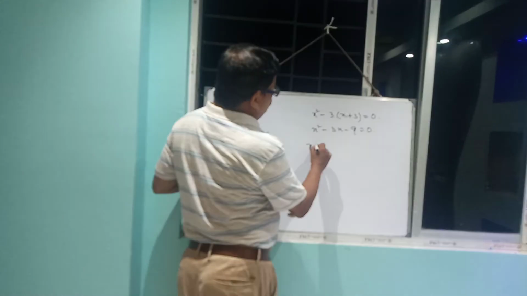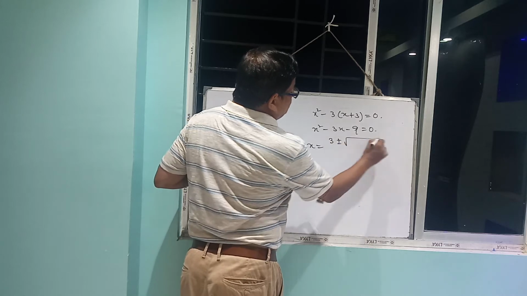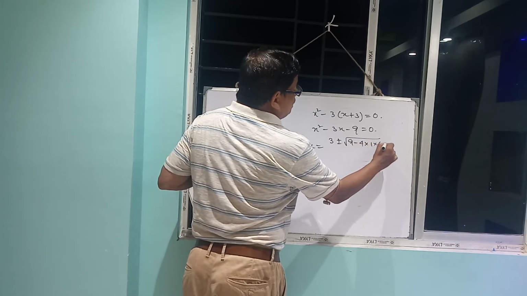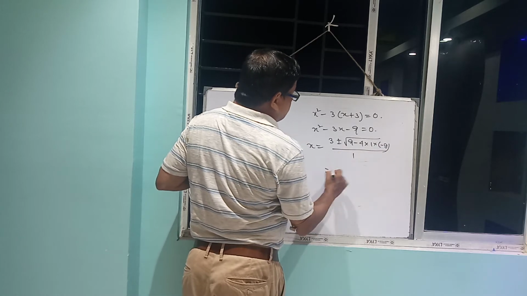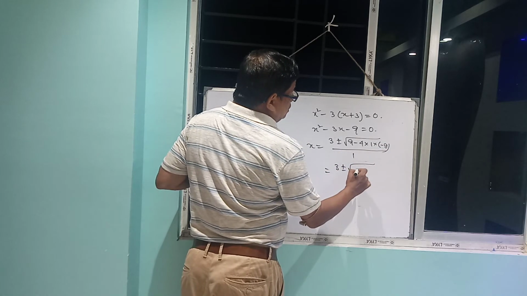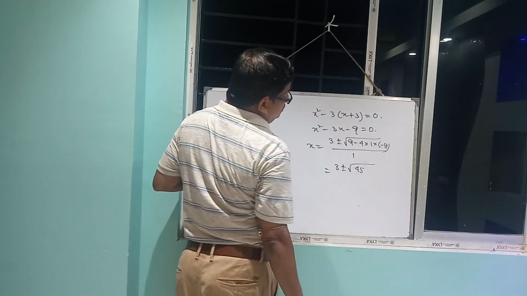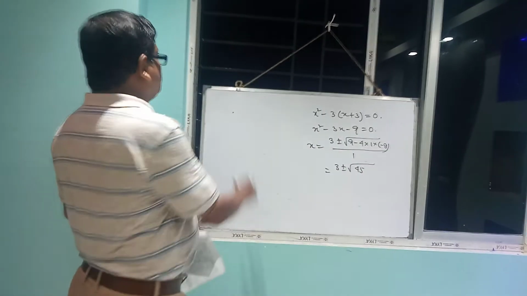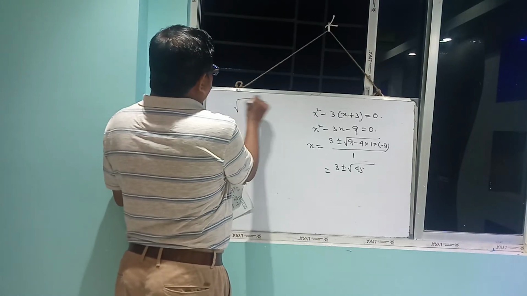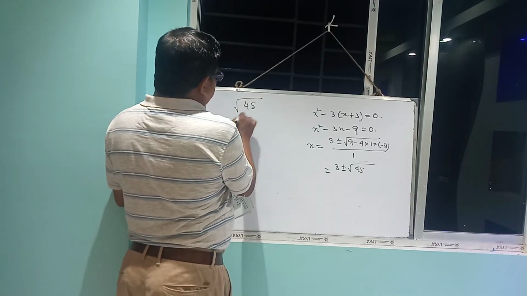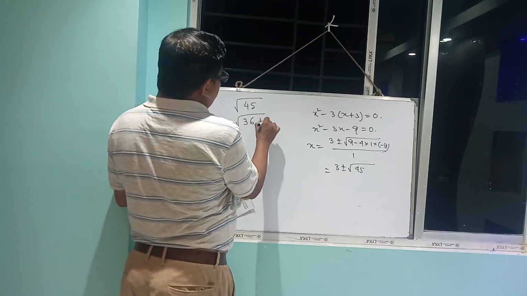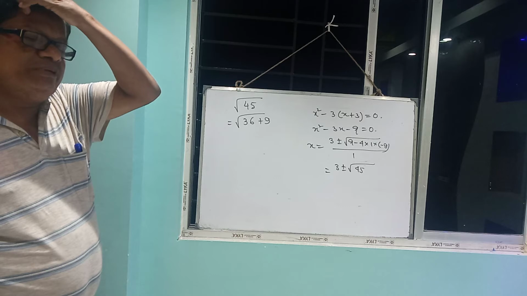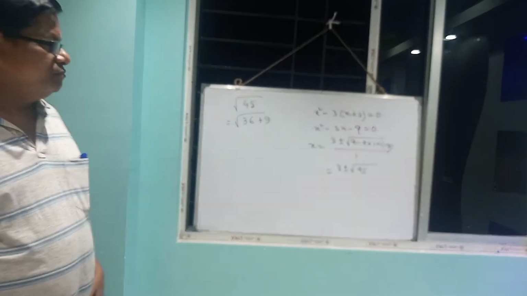So x equal to minus b plus minus root b square minus 4ac by 2a: 3 plus minus root of 9 minus 4, A means 1, C means minus 9, by 2, that is 3 plus minus root 45. Now root 45, you can write here 36 plus 9, or 49 minus 4. Any one is fine, the answer will come.